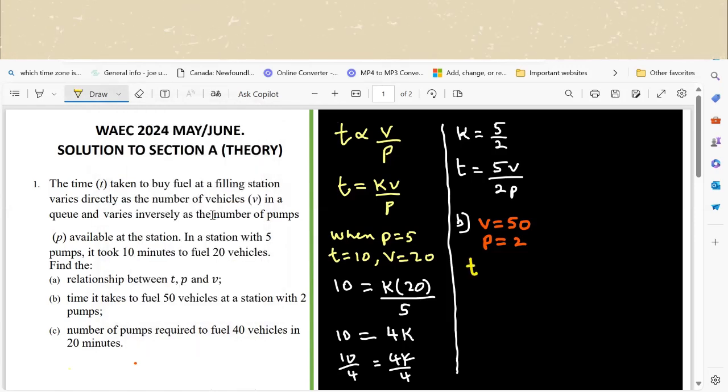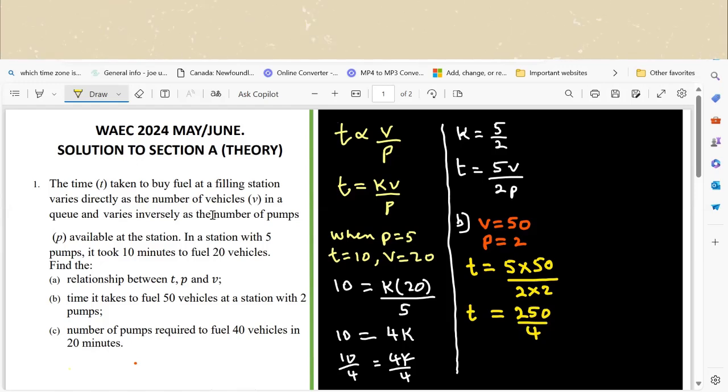So here, T, we use this formula, that is 5 times V, which is 50, all over 2 times 2. So here, T gives us 250 all over 4.